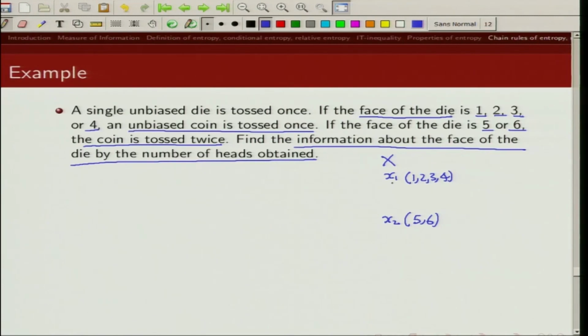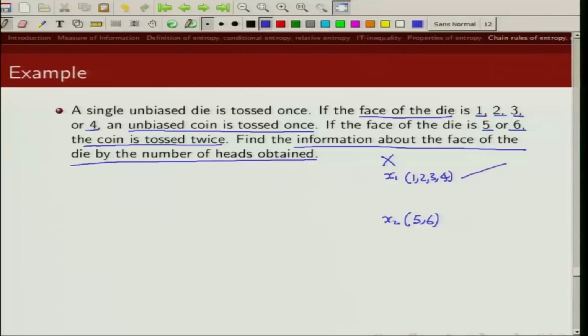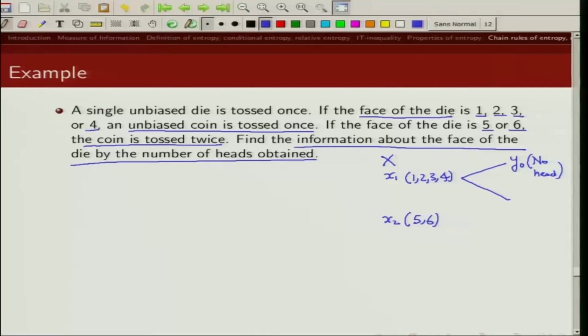Now if I get 1, 2, 3 or 4, I toss a coin once. If I toss a coin once, what can I get? I can get a condition when there is no head, or I can get a condition that there is only one head, correct.